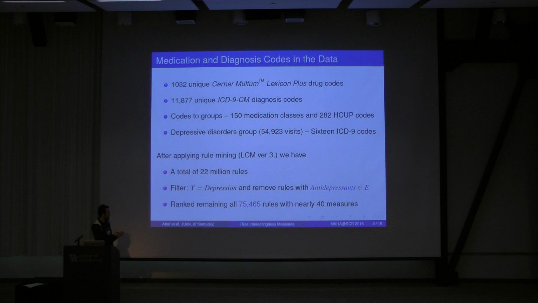We remove all associations that include antidepressants in the antecedent part, and then we have about 75,000 rules. How long did it take to run this? It takes a lot, I don't remember exactly. Days, I think. Yeah, the whole run takes days.